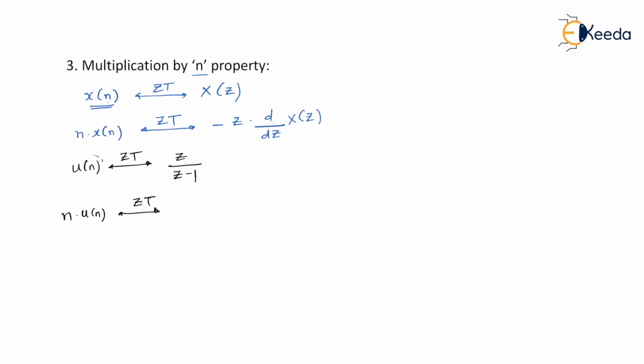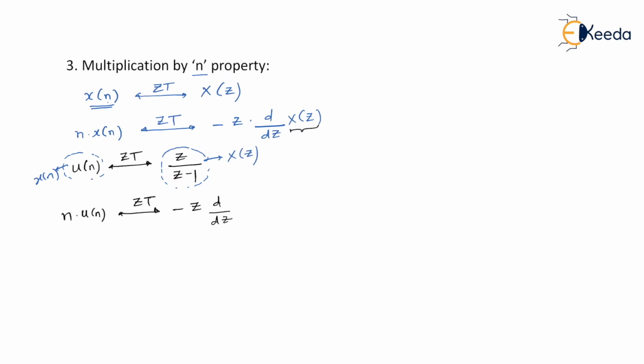Please consider this u of n as x of n and z upon z minus 1 as X of z. So we know x of n and its Z transform also. What I want to get is the Z transform of n times u of n. So here you have to apply the property simply. It becomes minus z times d by dz of X of z.